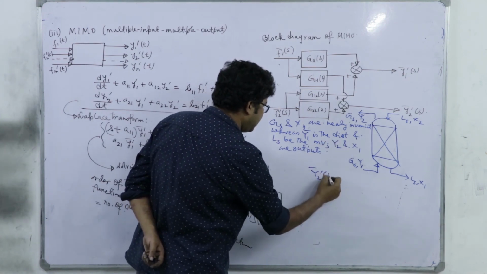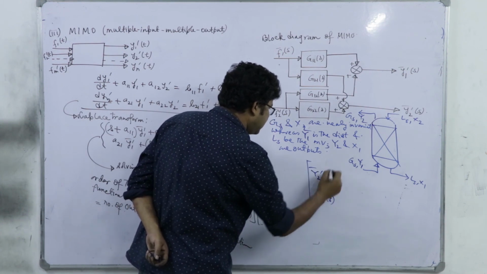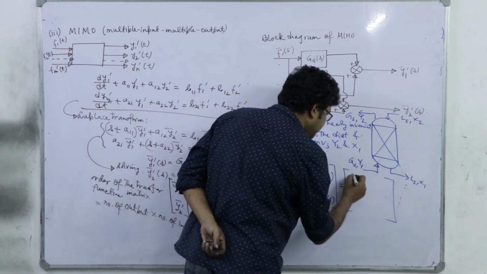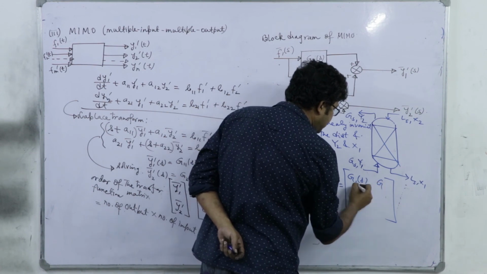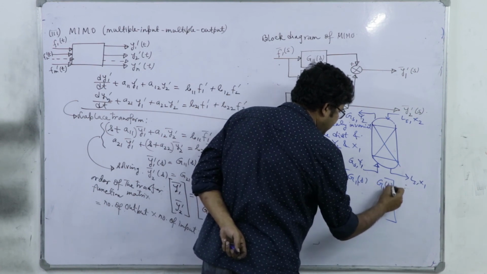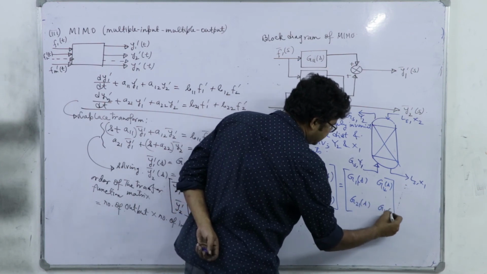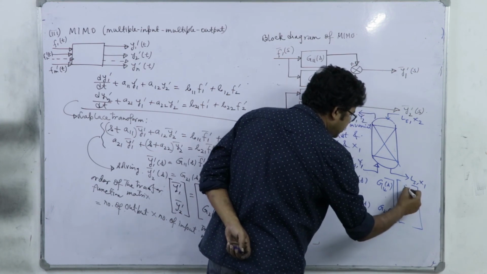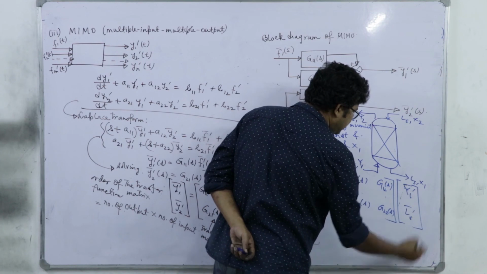So Y2 prime S, X1 prime S equals the matrix G11S, G12S, G21S, G22S whole bracket times Y1 prime bar and LS prime bar.